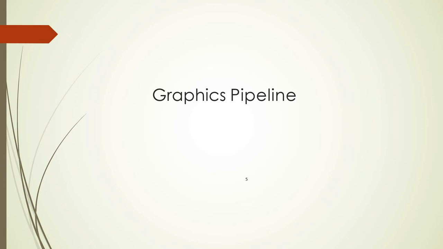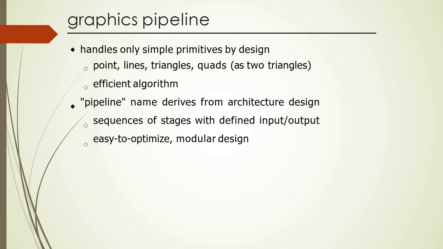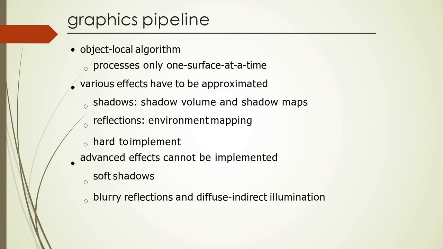Now we will see the graphics pipeline. What is the concept of graphics pipeline? My dear students, the graphics pipeline handles only simple primitives by design: points, lines, triangles. Efficient algorithms. The pipeline name is derived from the architecture design, the sequence of stages which define input and output, easy to optimize, modular design.